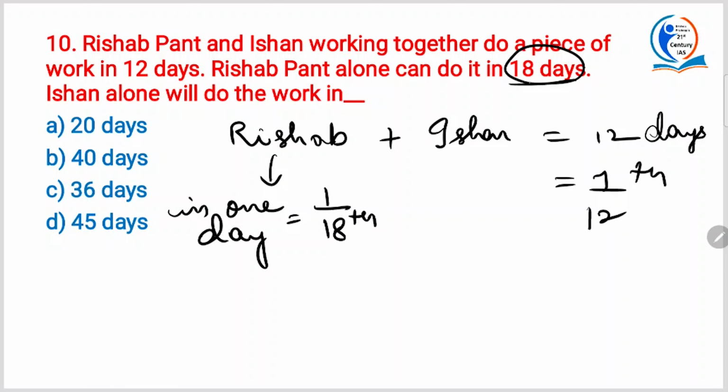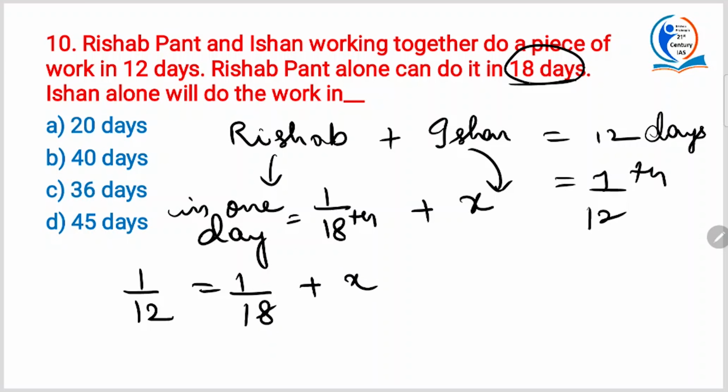Yes or no? But we do not know how many days Ishan is going to take. Let it be X. Now when they both work together, they're completing 1 by 12th of the work each day. That is equal to 1 by 18 plus X. Now 1 by 12 minus 1 by 18, what is the LCM?